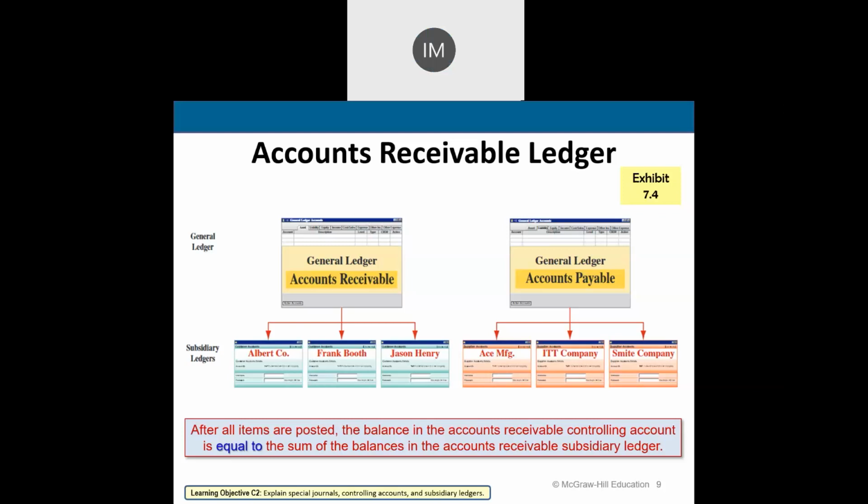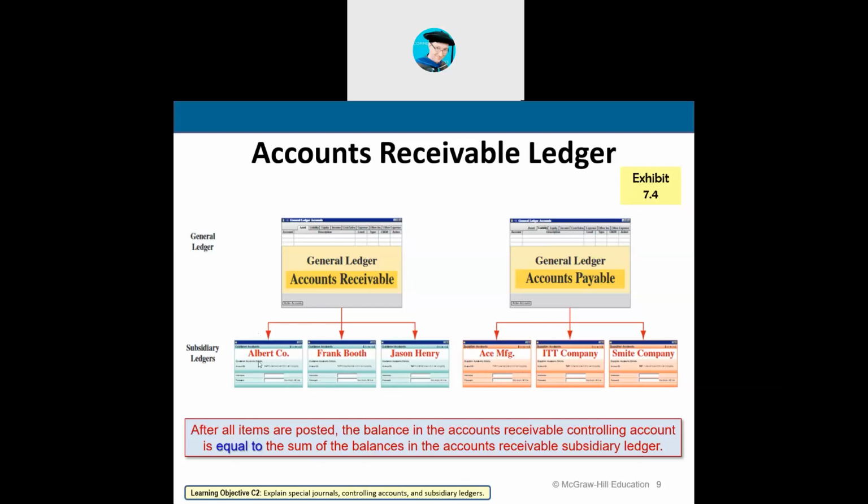It depends. That's a preference of the company. It really depends whether you want your name on it or you want the company's name on it. Because in reality, it doesn't matter whose name is on it as long as it gets paid. But either way, it's still an individual account. Yeah, good question.